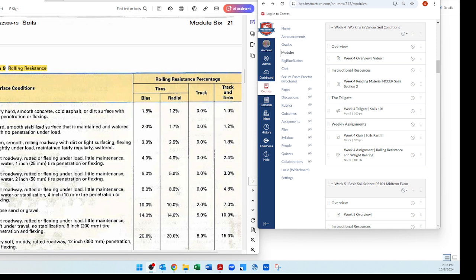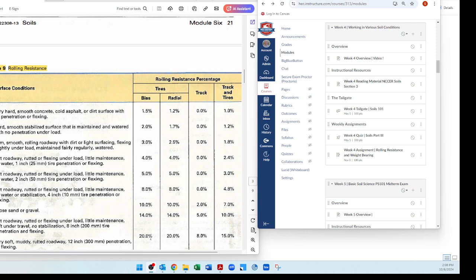I'll just write it down: 64,800. So that's what it's doing now, by adding the rolling resistance.